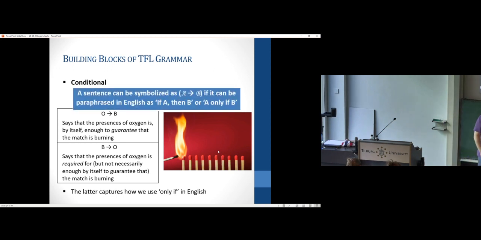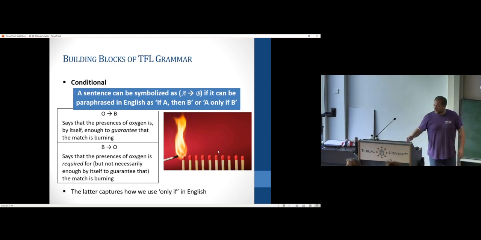So we can say then, a sentence can be symbolized as conditional if it can be paraphrased in English as if A then B, or as A only if B. So we saw two structures, if A then B and A only if B.